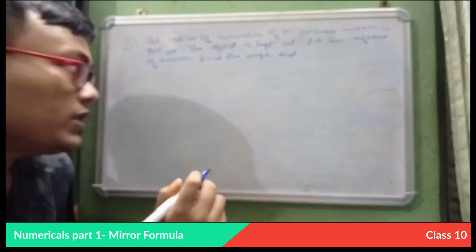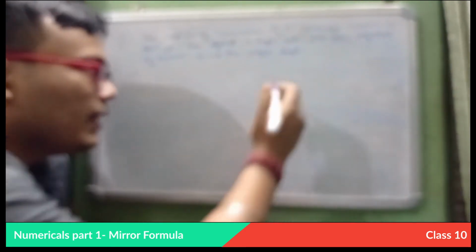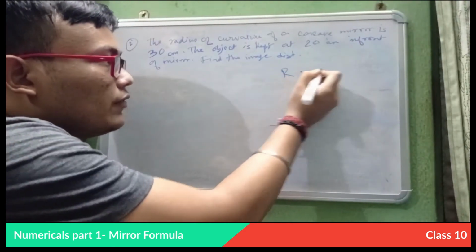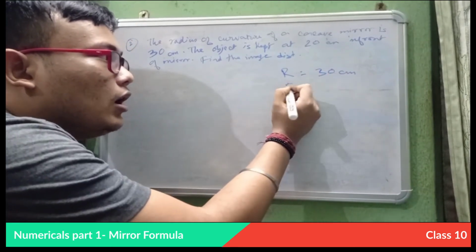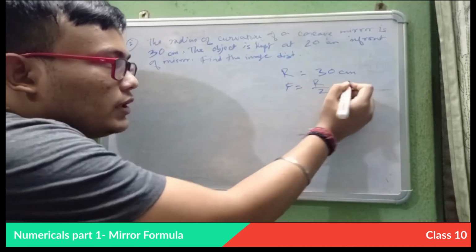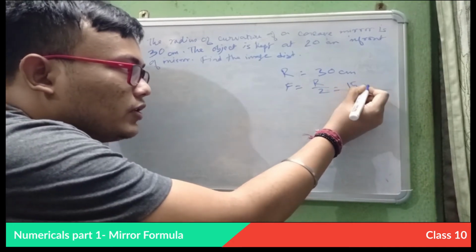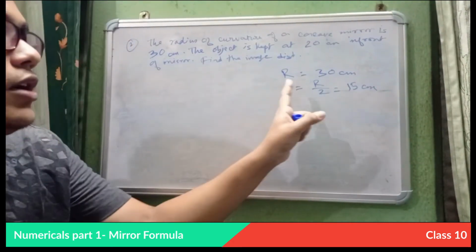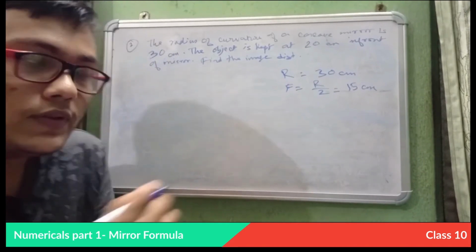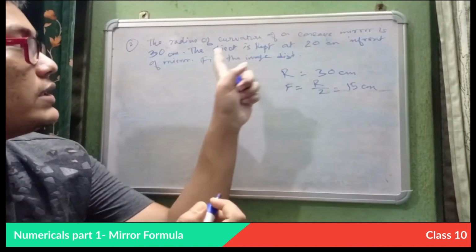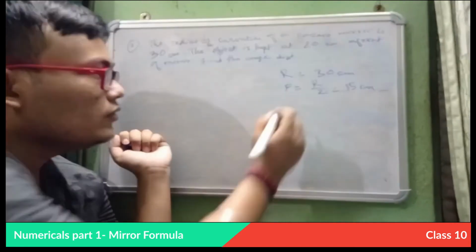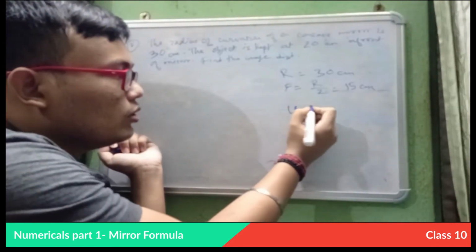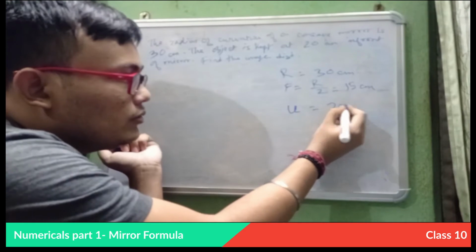Now what are the things we can get from the question? Radius of curvature is 30. Similarly we can find out focus, that is r by 2, 30 by 2, that is 15 centimeters. So we can easily find out focal length. Another thing given is that the object is kept at 20 centimeter in front of the mirror, that is object distance u is 20 centimeters.